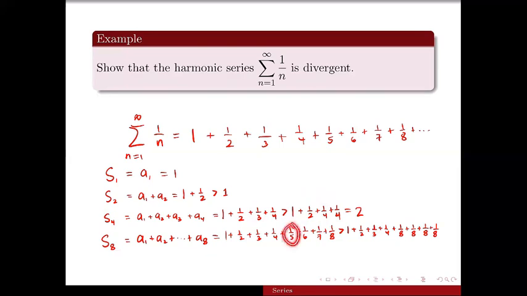Your 1 over 5, 1 over 6, and 1 over 7 are all greater than 1 over 8. So we have this inequality here. 1 over 5 is greater than 1 over 8. 1 over 6 is greater than 1 over 8. 1 over 7 is greater than 1 over 8. 1 over 8 is equal to 1 over 8, so we don't change that.